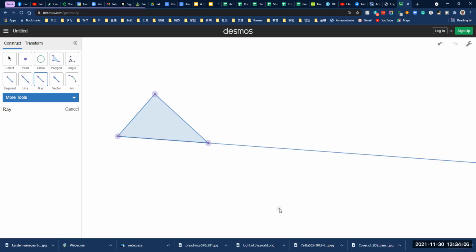Now this angle is called the exterior angle. Any angle inside is called an interior angle.